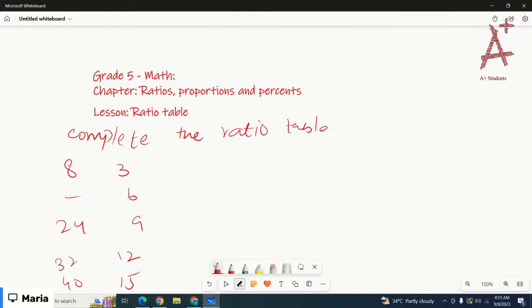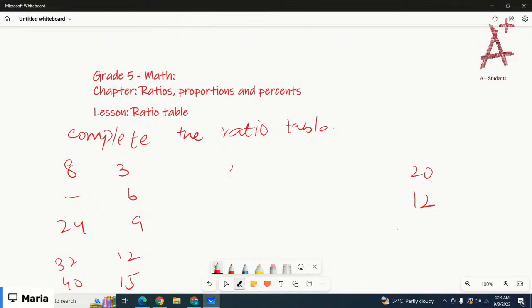Let me just write down the options. You have 12, 12, 20, and 12. So which option is the correct one? Which value is missing?